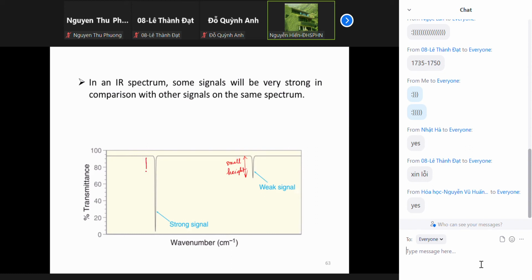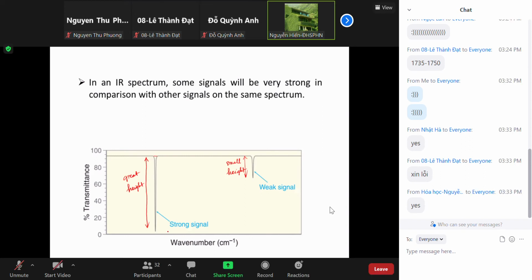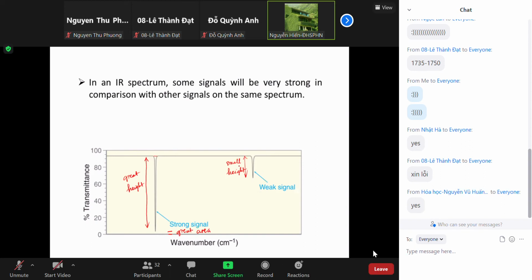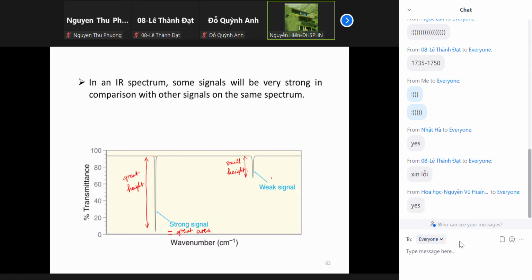On the other hand, the one on the left has a great height. So you can guess that the triangle on the left will have a greater area. Strong signal means great area. And this one, because it has a small height, will have a small area.